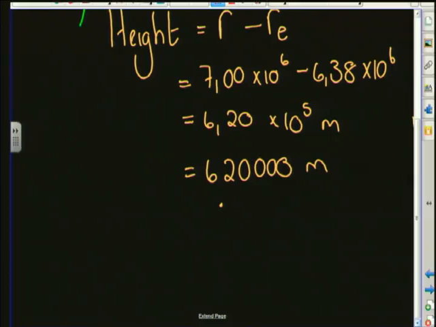I want to get it to kilometers, so now we remind ourselves, hang on, wait, there are 1,000 meters in a kilometer, so I'm going to divide by 1,000. 620 kilometers. Final answer. Guys, do not leave your answer in meters. I know you want to because that is our usual unit, but the question very specifically said, what is the distance above the Earth in kilometers? Okay, yay, not so bad.